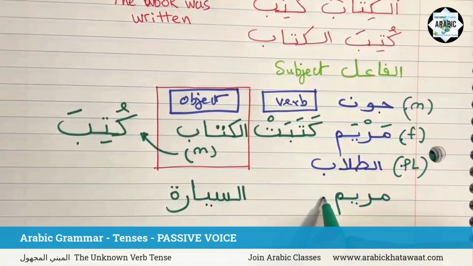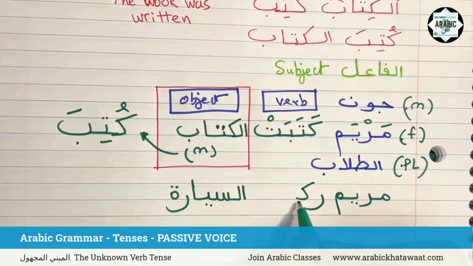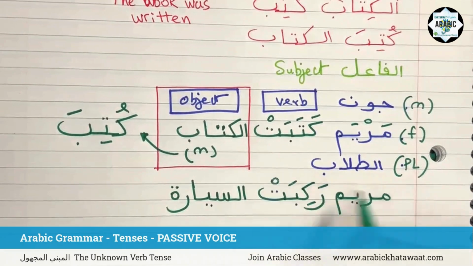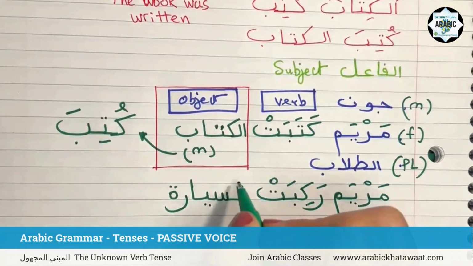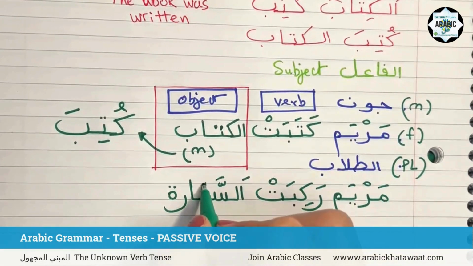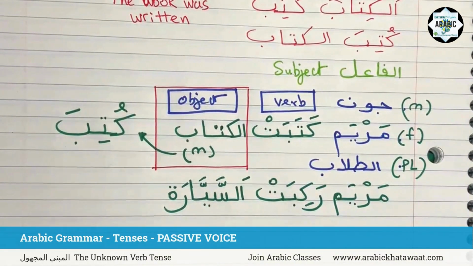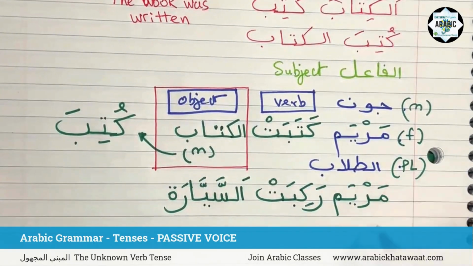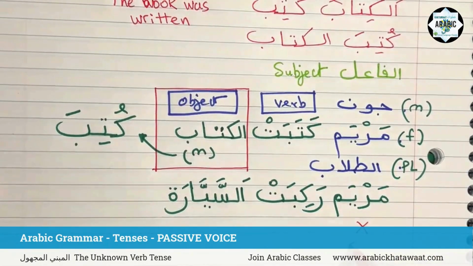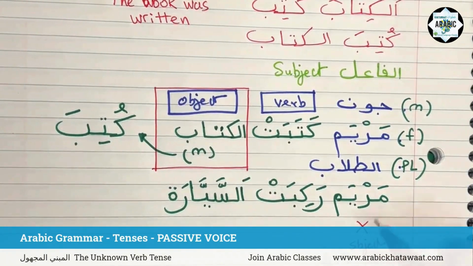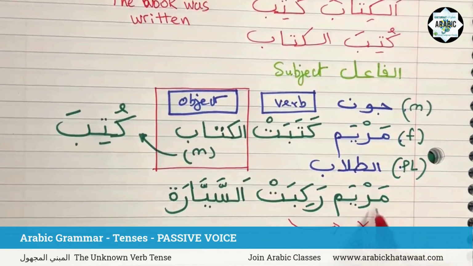Maryam rakibat, she rode. Maryam rakibat السيارة. Now, what I'm going to do is I have to take away the subject. So Maryam is the subject. I'm going to remove Maryam here. Rakibat, in this case, I have the verb referring to Maryam.